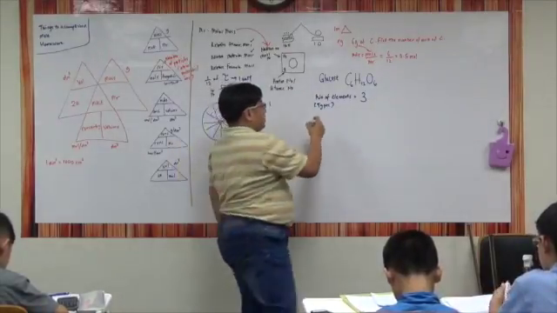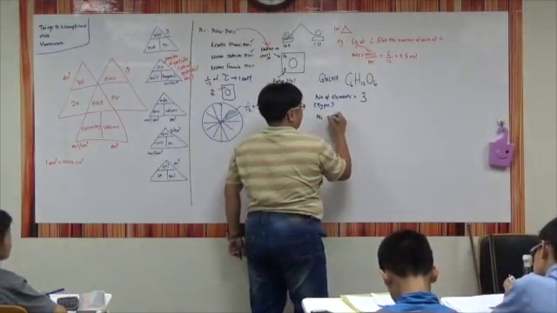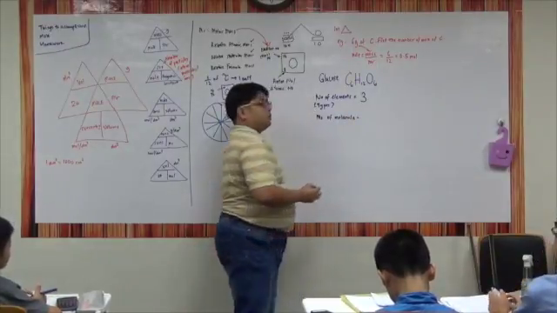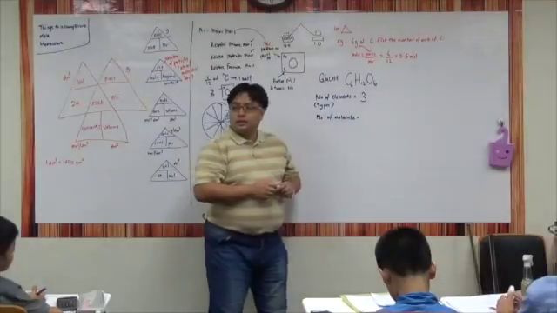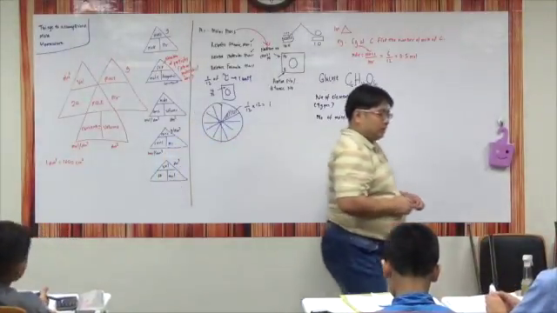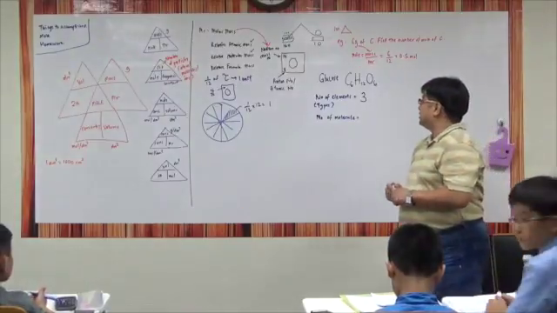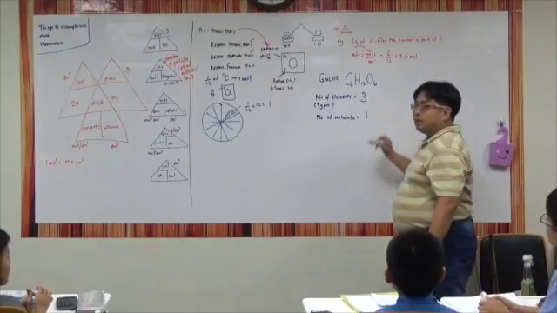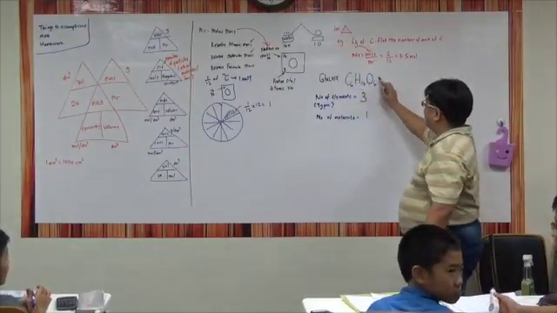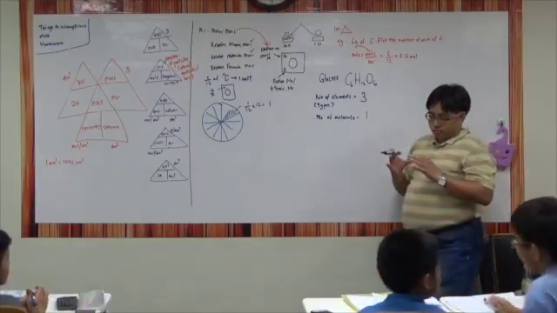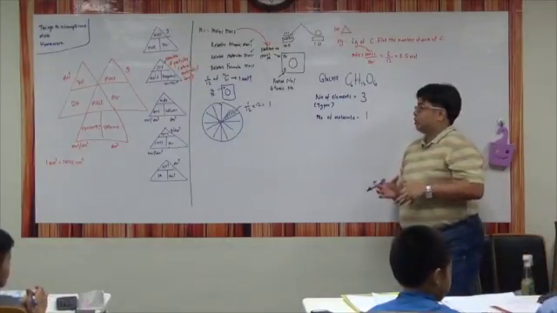And when they say the number of molecules, how many molecules are there? The answer is 1. Because these things are all connected and it becomes one huge molecule.